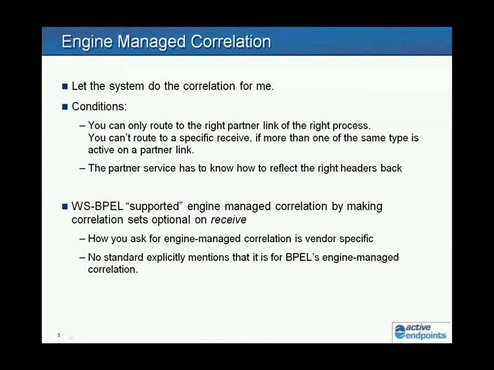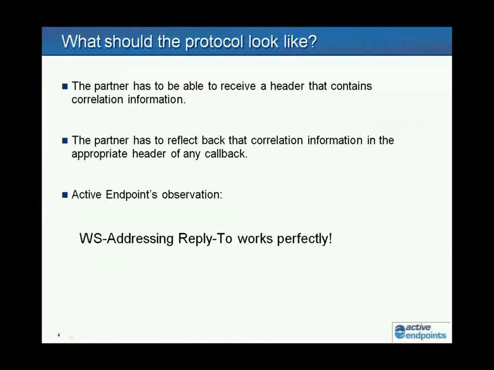So let me show you a little bit more about how that has to be done. In order for engine managed correlation to work, the guy on the other end of the wire, the partner, has to be able to receive a header that contains correlation information. Normally with the BPEL style of correlation, the correlation information is buried somewhere inside of the body of the message.